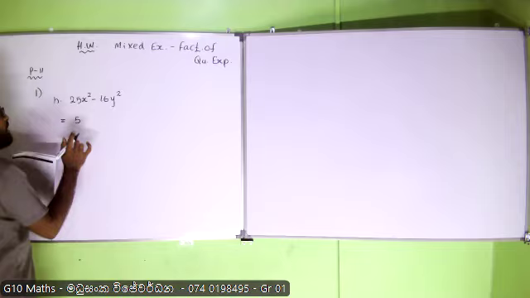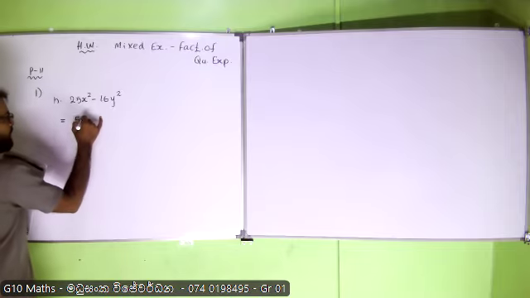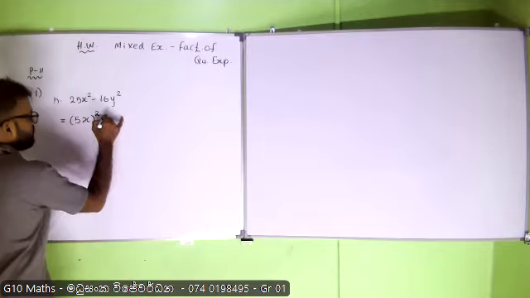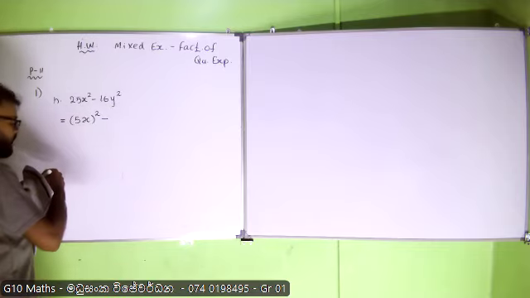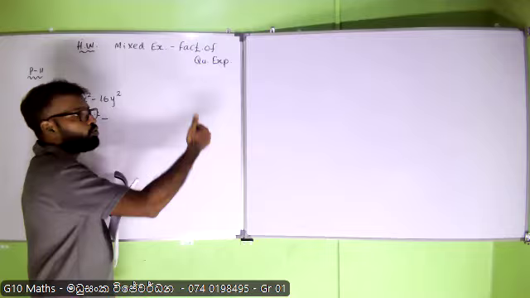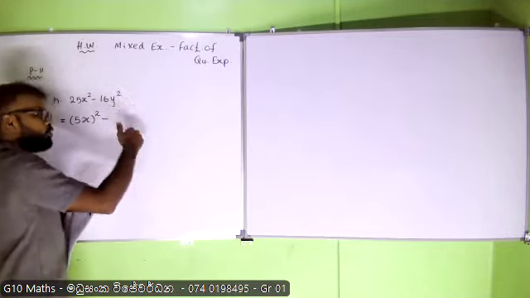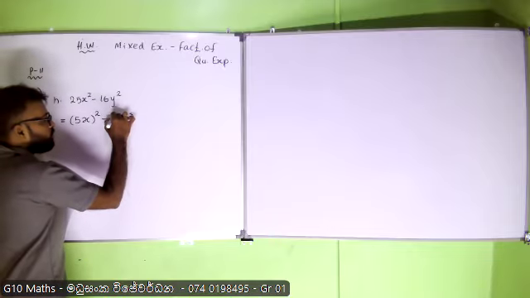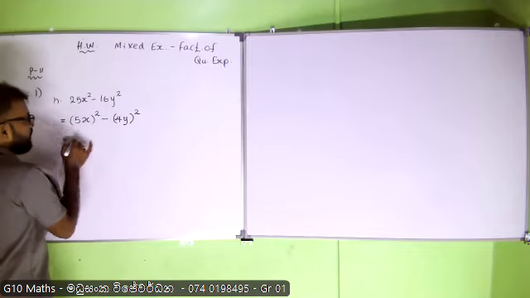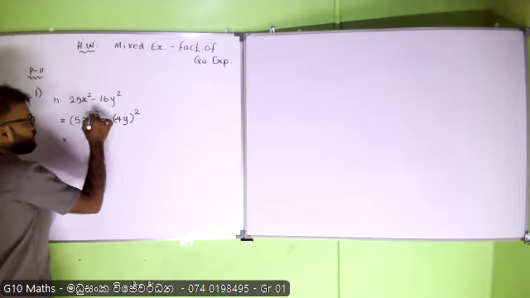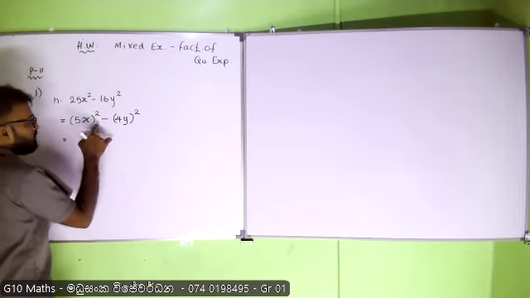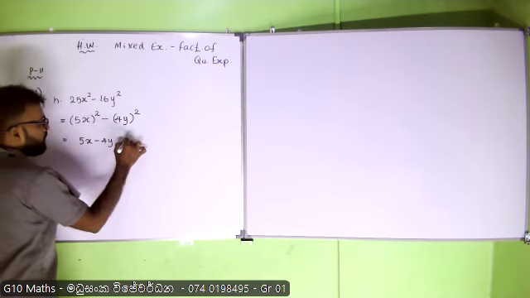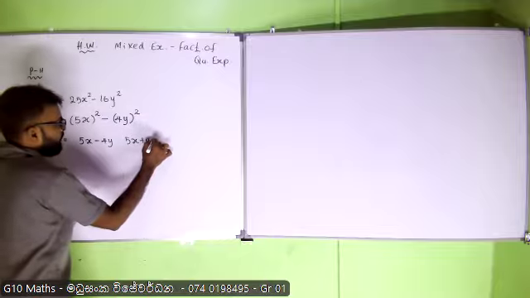If you know, write it directly as 5x whole thing to the power 2, that is perfect. Here you have 16. 16 can be written as 4 to the power 2. And here we have y to the power 2. So I am going to write 4y whole thing to the power 2 at once. Now this is like a to the power 2 minus b to the power 2, difference of two squares. So I will write 5x minus 4y, 5x plus 4y. Done.